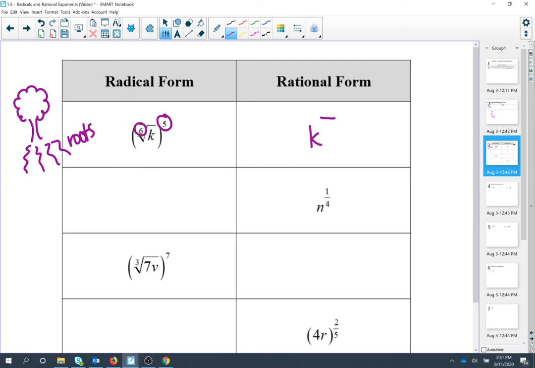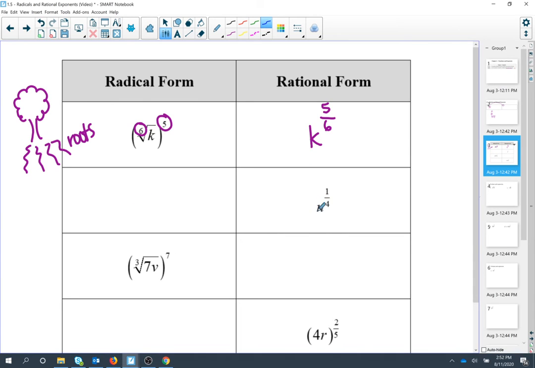So roots on your trees always go at the bottom of your tree. So the root here, which is your 6, goes at the bottom of your fraction. And then your 5 goes in the numerator. So the rational form here is k to the 5/6 versus the radical form is the 6th root of k to the 5th.